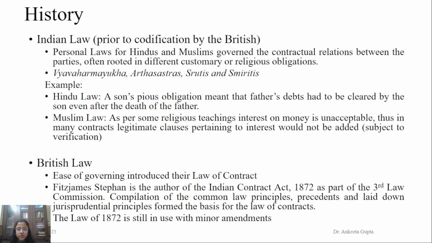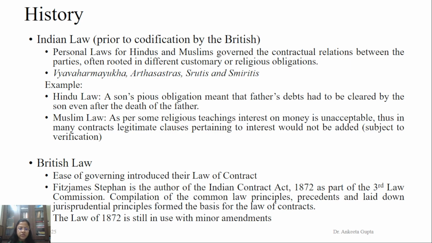Now, the East India Company, or the Britishers as we would call them today, came from a common law country where, even though the principles were not codified, the jurisprudence surrounding the law of contract was very strong.